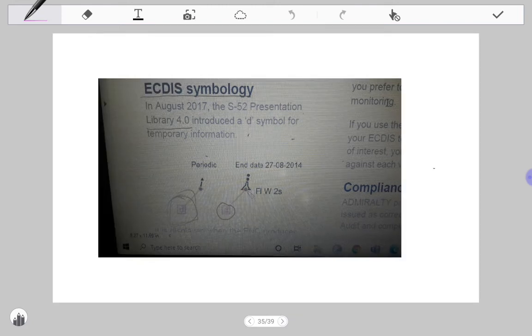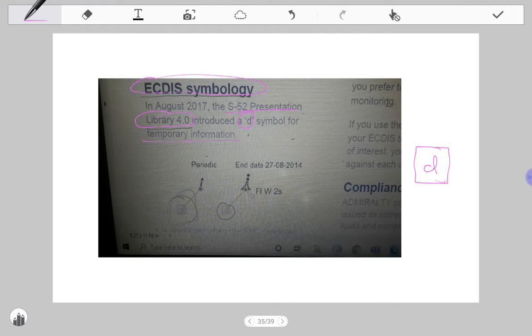Another thing is ECDIS symbology. What is the importance of this? As per the S-52 presentation library, there is a D symbol for temporary information. This D symbol is in magenta color and in a box.